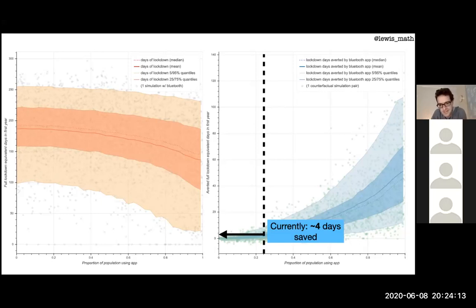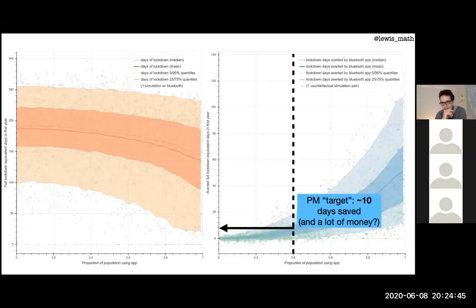But based on these simulations, which are not entirely realistic, but we've simulated a wide range of possibilities here, that's the important point, I suppose, we're looking at over a year saving roughly 4 days of lockdown. And there's some variation there. Maybe it's as high as 12, 16 days or something like that. But that's where it sits at the moment.